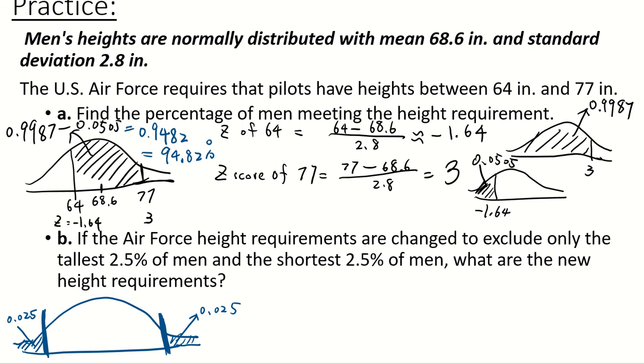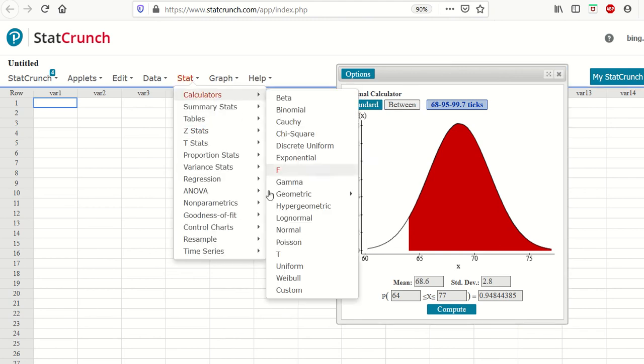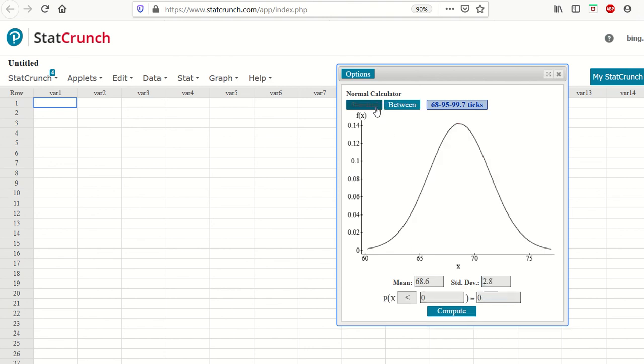So what you can do is go to StatCrunch. Same procedure, finding the normal calculator: Stat, Calculators, Normal. After you get here, you put in your mean and your standard deviation, and first let's find the upper bound. This time we know the area, so put 0.025 over here.